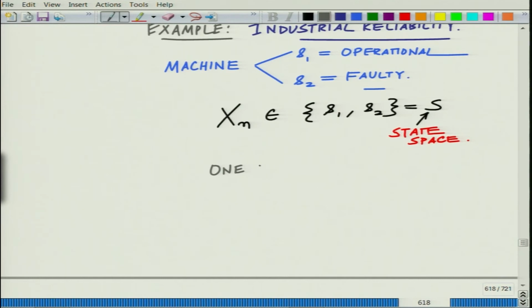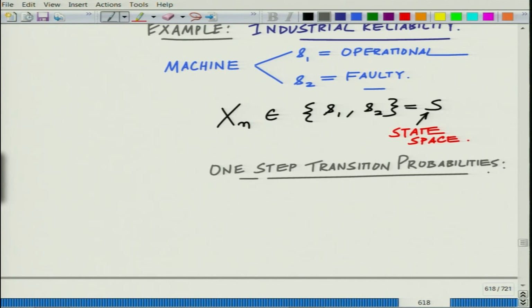Now, to characterize this, we need to give the one step transition probabilities.